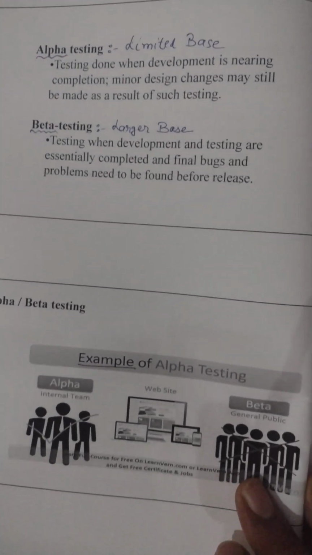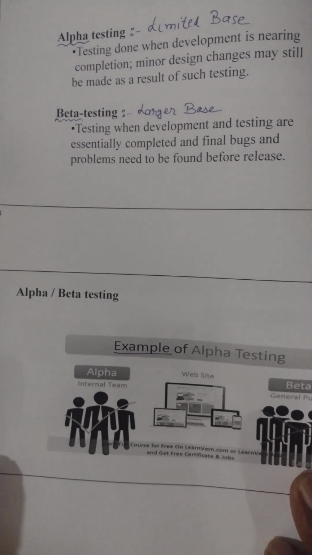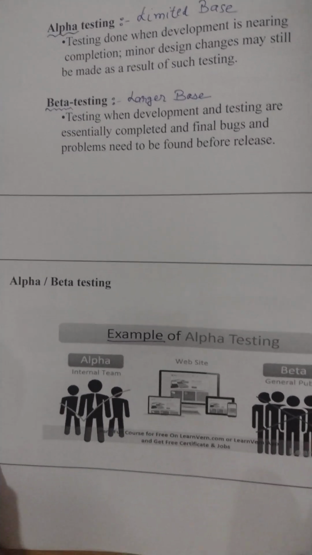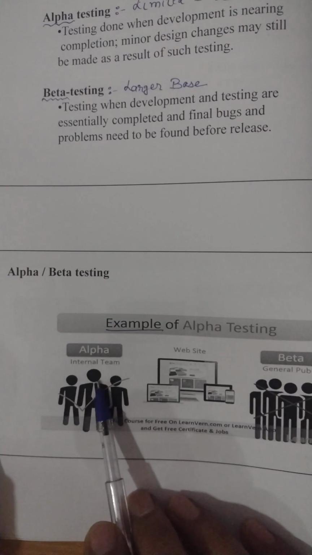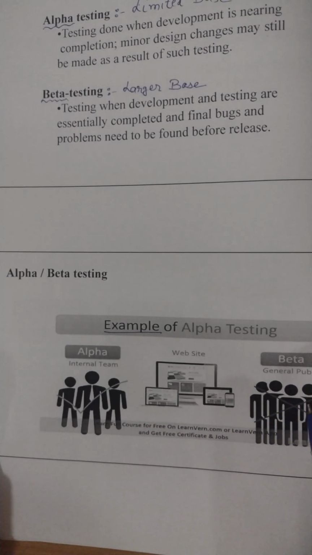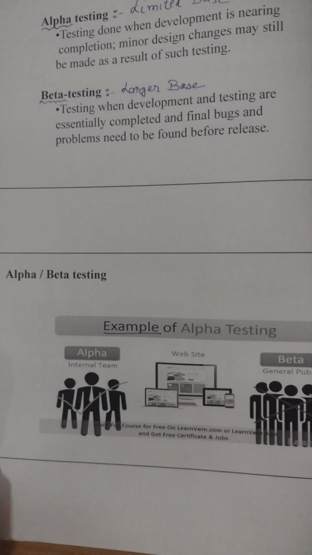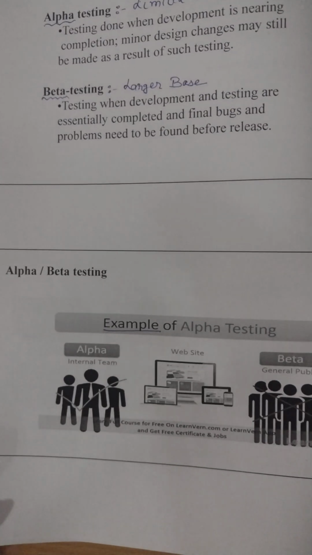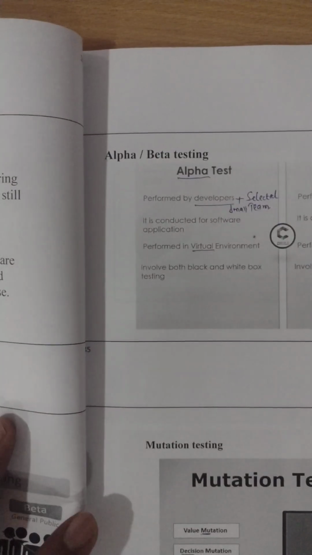If you see the example here, alpha is being done within the internal team, and beta is being done on a wider, larger user base, and we involve an external team also in that.